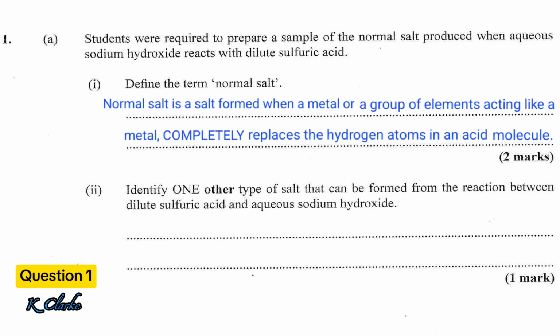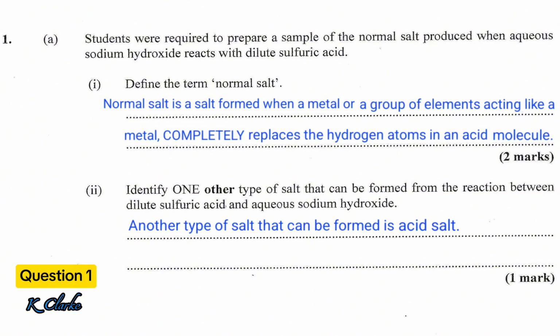Part 2. Identify one other type of salt that can be formed from the reaction between dilute sulfuric acid and aqueous sodium hydroxide. Another type of salt that can be formed is acid salt.